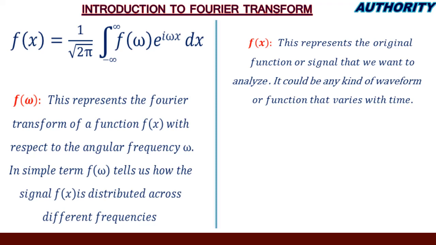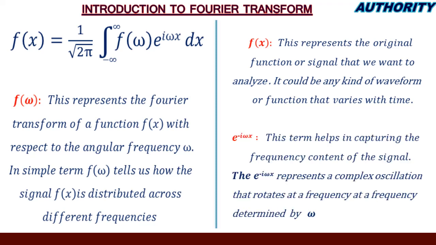Good. Now the next one is e raised to the power of minus i omega x. This term involves the complex exponentials, where i represents the imaginary unit, which is the square root of minus 1. This term helps in capturing the frequency content of the signal.